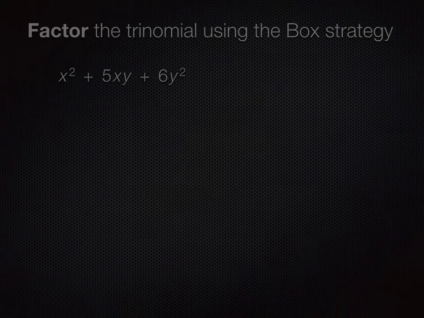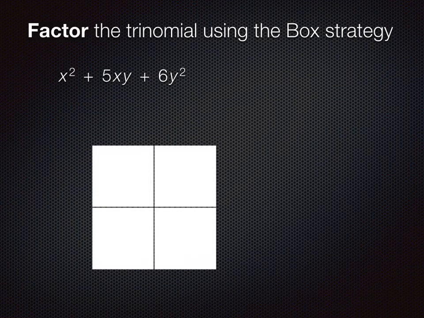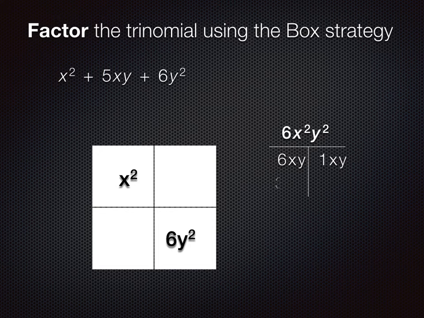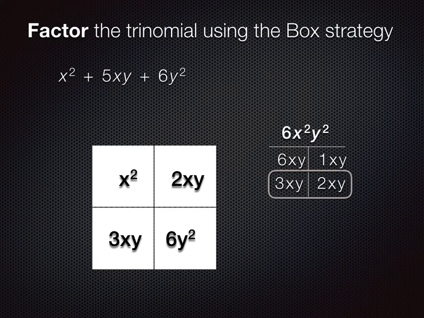We'll try another example. x squared in the top left, 6y squared in the bottom right. Now let's find factors of 6x squared y squared that also add together to equal the middle term. It will be this group, which we'll write along the diagonal.